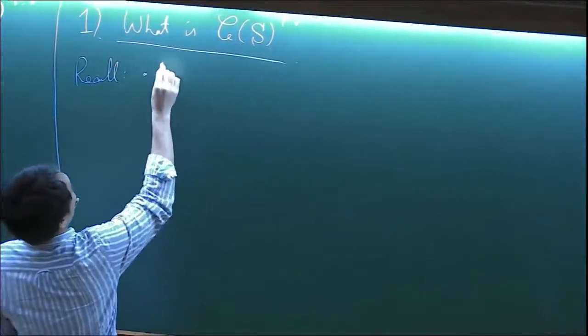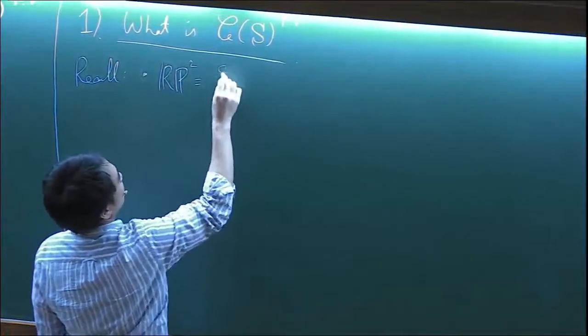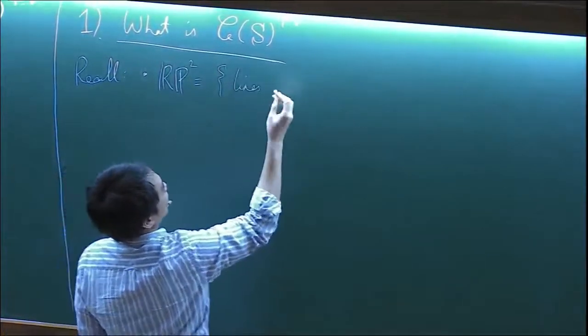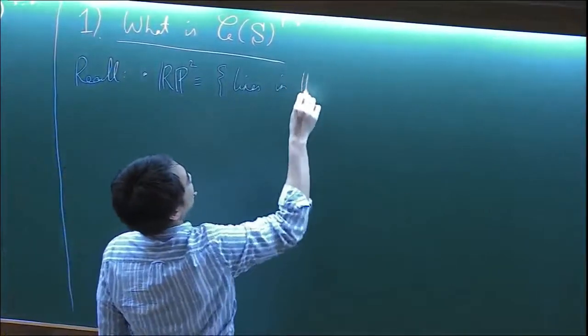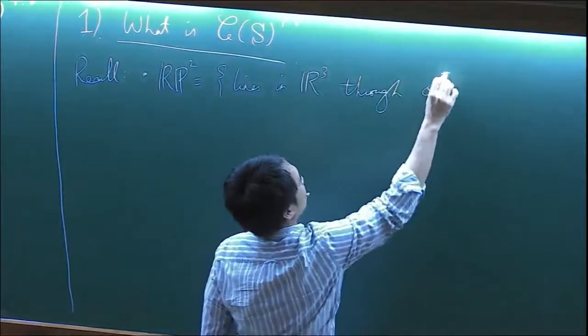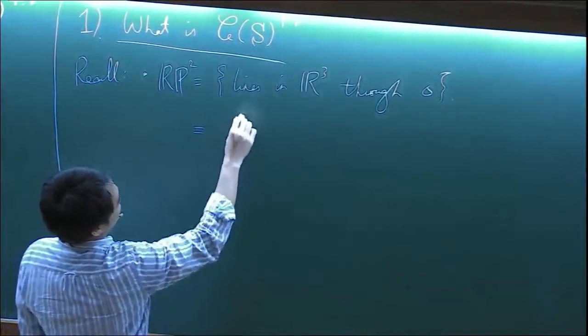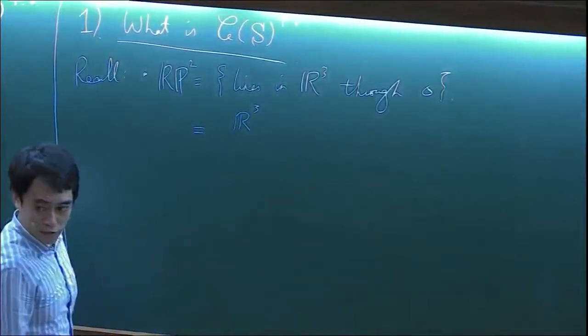First, what is RP2? RP2 is the set of lines. You can think of this as the set of lines in R3 through the origin, and naturally you can also think of it as the set of non-zero vectors in R3, up to scaling.